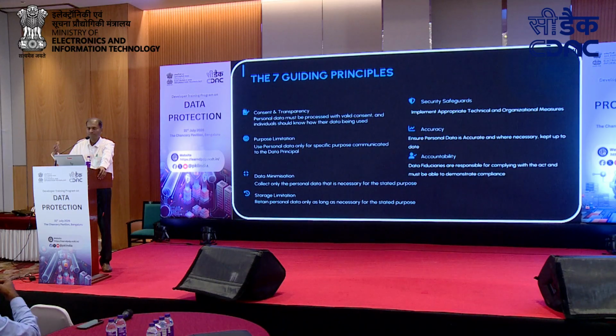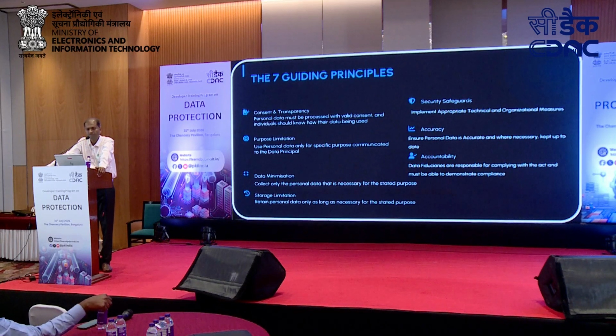These are the 7 guiding principles on which the entire DPDP Act is structured. One is consent and transparency, where personal data should be processed with valid consent given by the individuals, and the individuals should also know how their data is going to be used. The purpose should be very clearly stated.